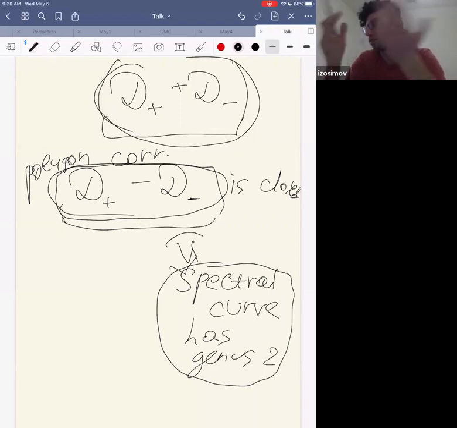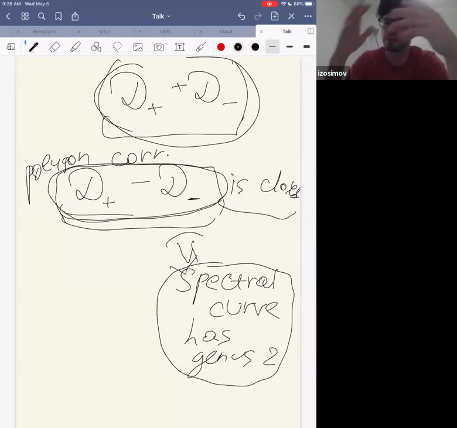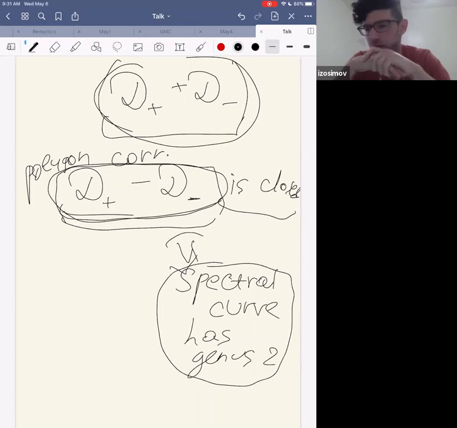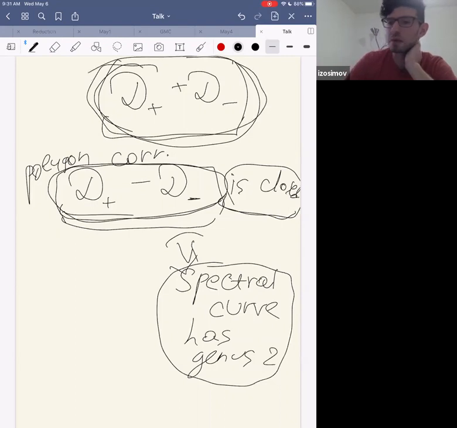And this follows because the condition that it's closed can be expressed in terms of values of some meromorphic functions on the spectral curve. And then the way I use convexity is that I show that for convex polygons, if the polygon corresponding to the sum is closed, and moreover it's convex, then it's not possible that the polygon corresponding to the difference is also closed.